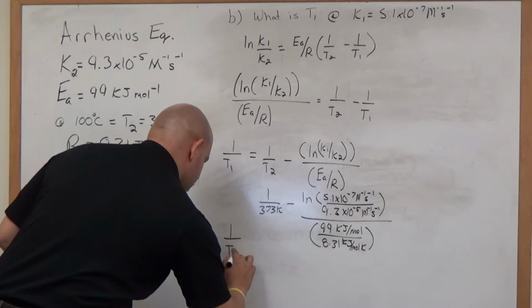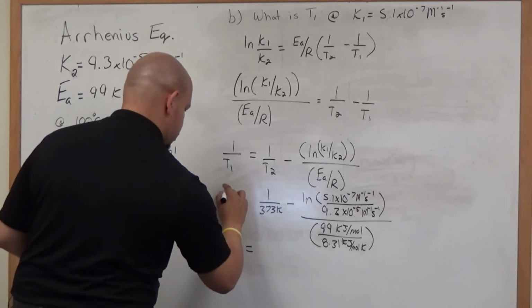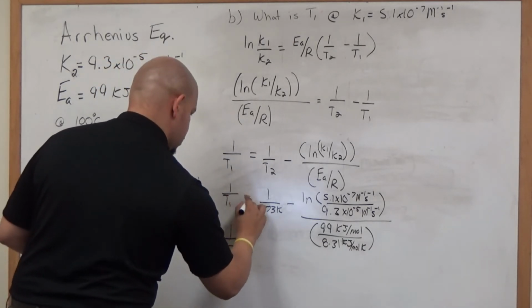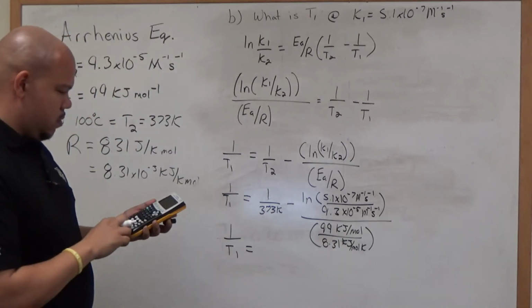That leaves us with 1 over T1 equal to, and if we do the math here, on the calculator.